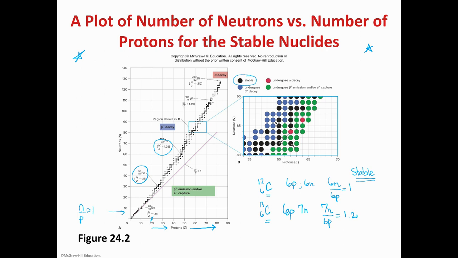You need more neutrons to keep an isotope stable. Okay. And the belt starts to really widen. So if you look at atomic number 50, you start to have a lot of different isotopes for that particular element that are stable.